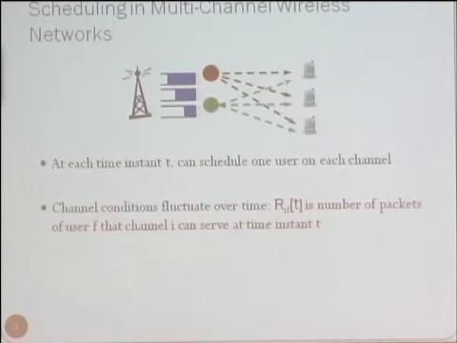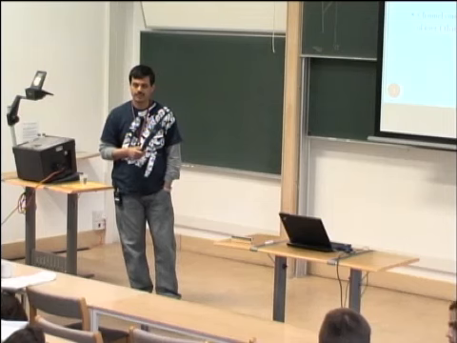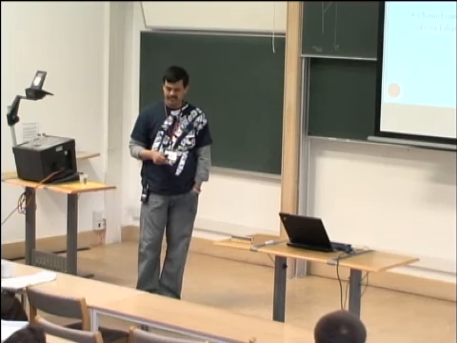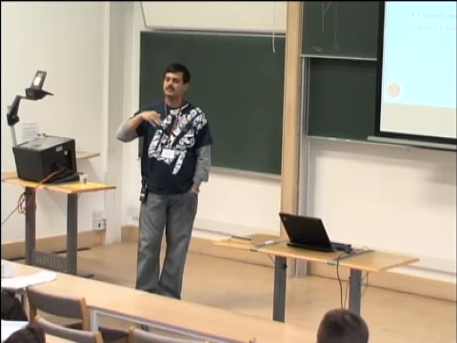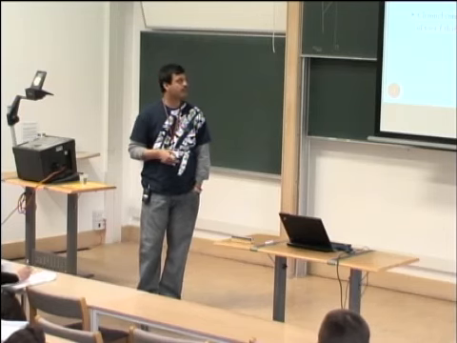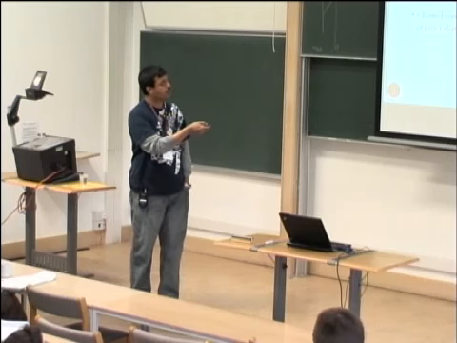But Srikant, when you say serve, you don't mean instantaneously. You mean within some. No, instantaneously within the time slot. So the channel conditions are time varying. Within the time slot. Exactly. Depending on the conditions around this mobile, this channel could vary.